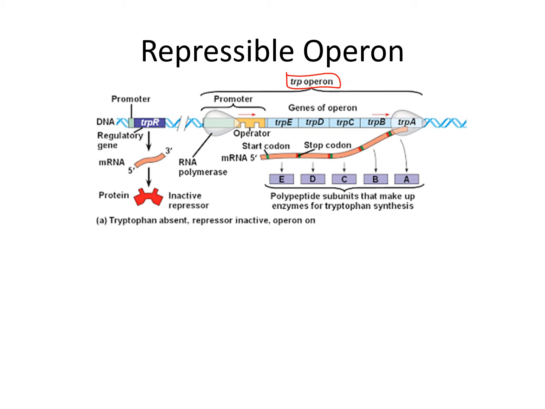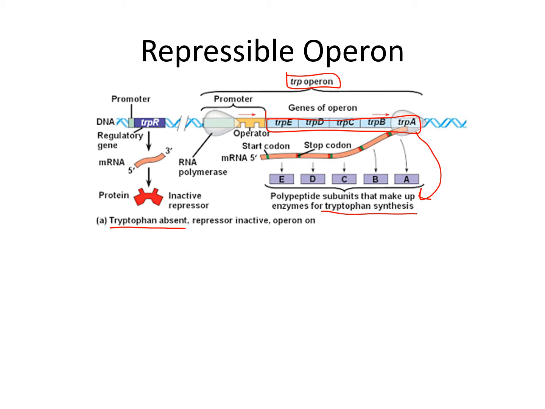And tryptophan is a type of amino acid that is used in making proteins. And in the tryptophan operon, the structural genes encode enzymes that synthesize tryptophan. So most bacterial cells need a constant source of tryptophan in order to make the proteins. So for this repressible operon, tryptophan is absent or in very low concentrations.